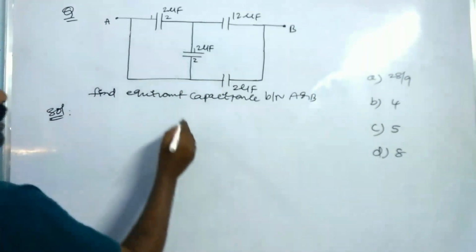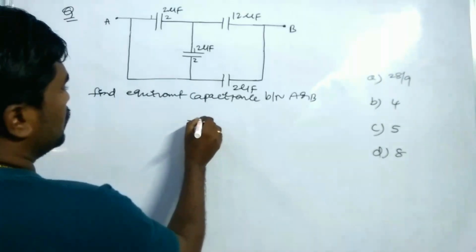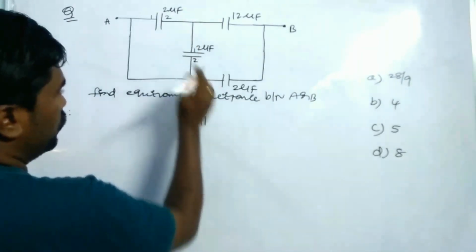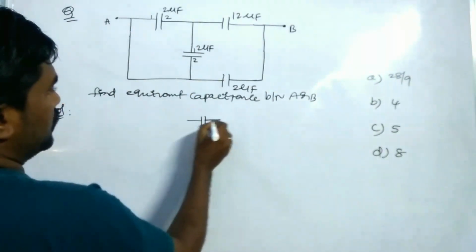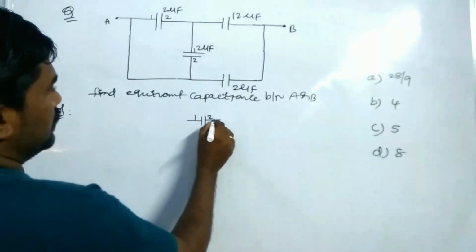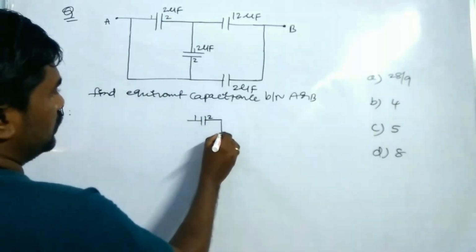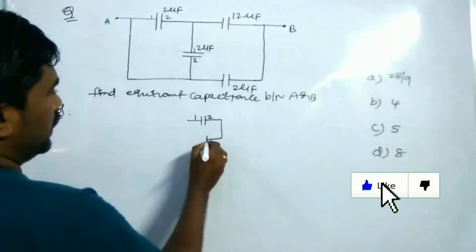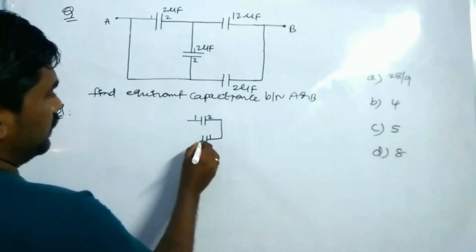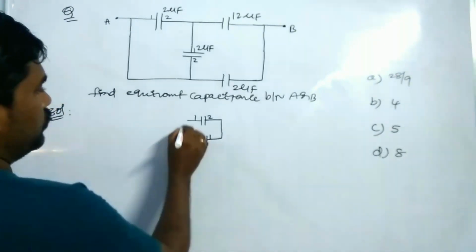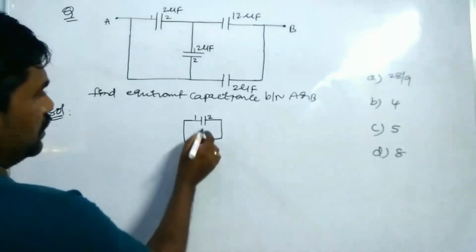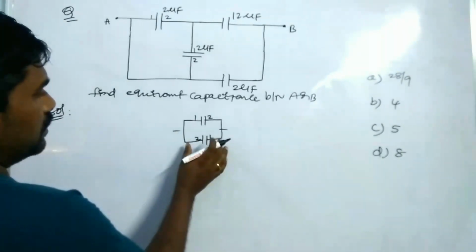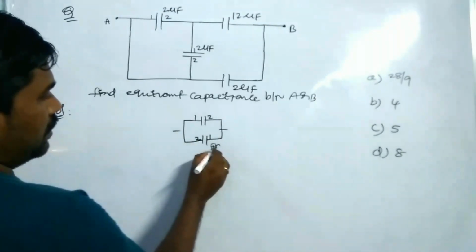So how can we redraw the diagram for these two? Here these two capacitors are in parallel combination.